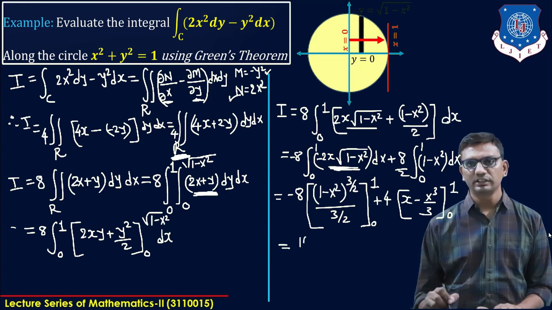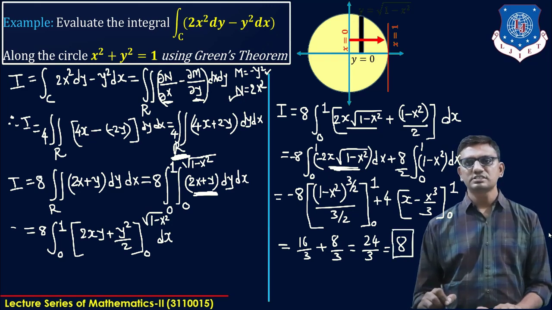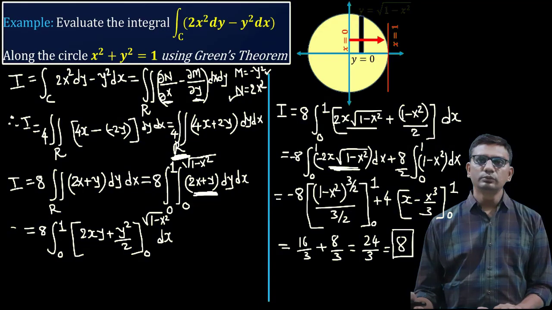After putting in the limits properly, we get 16 by 3 plus 8 by 3, that is equal to 24 by 3, and finally we have the answer of the line integration as 8 using Green's theorem. Thank you very much.